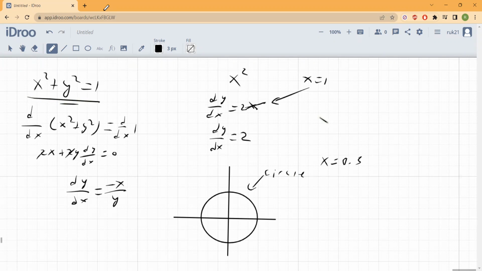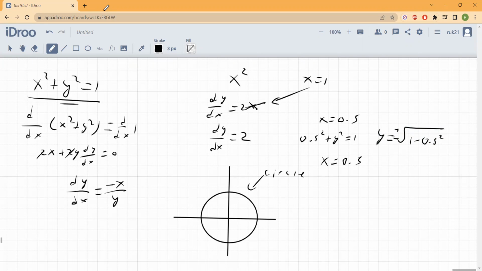So if x is equal to 0.5, then we just plug it in and solve for y. So we get 0.5 squared plus y squared equals 1. y is equal to the square root of 1 minus 0.5 squared. And this would be our y input now. Important to notice that because it was squared, it was plus or minus. We're going to explain why there's a plus or minus here in just a second.